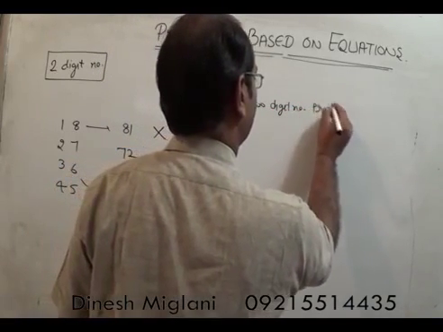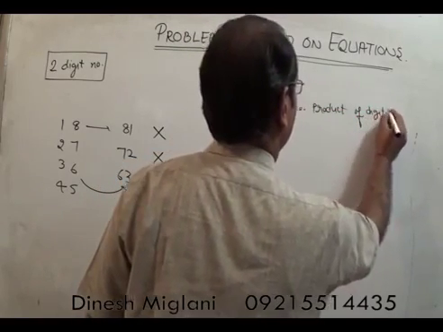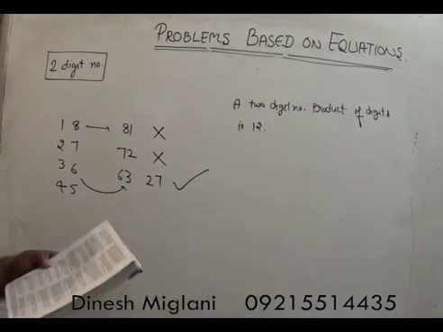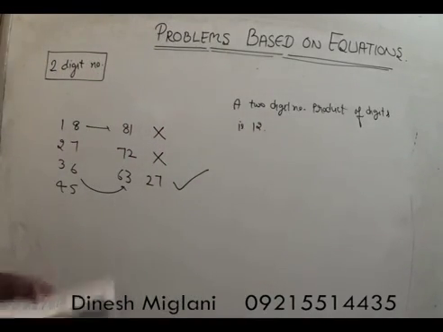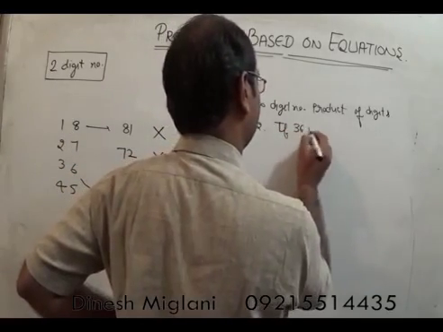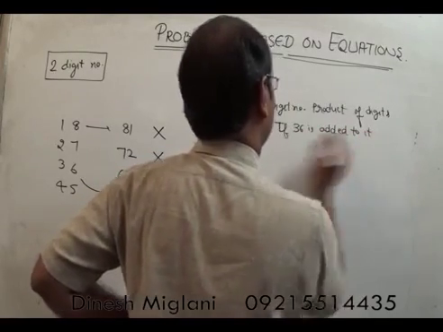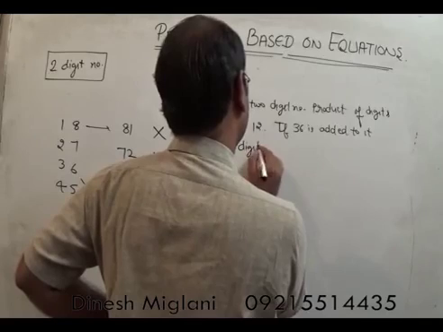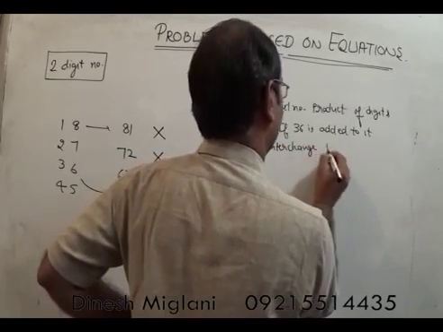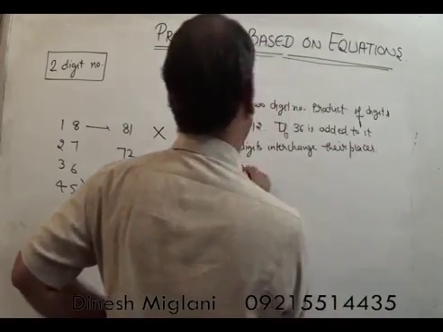Then if 36 is added to it, the digits interchange their places. Based on this, we have to find the number.